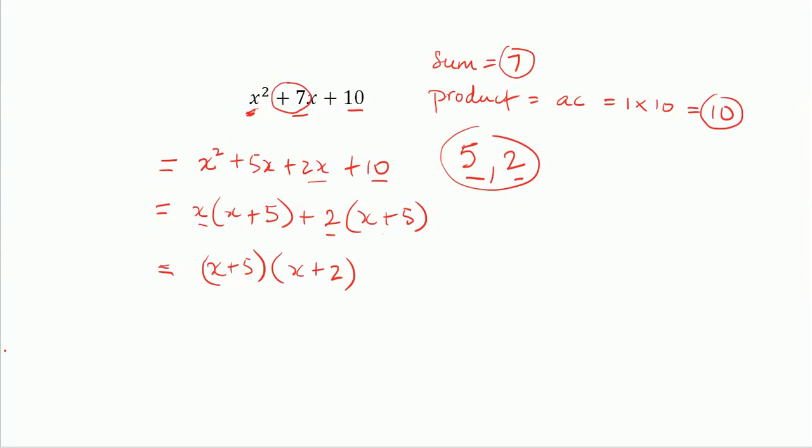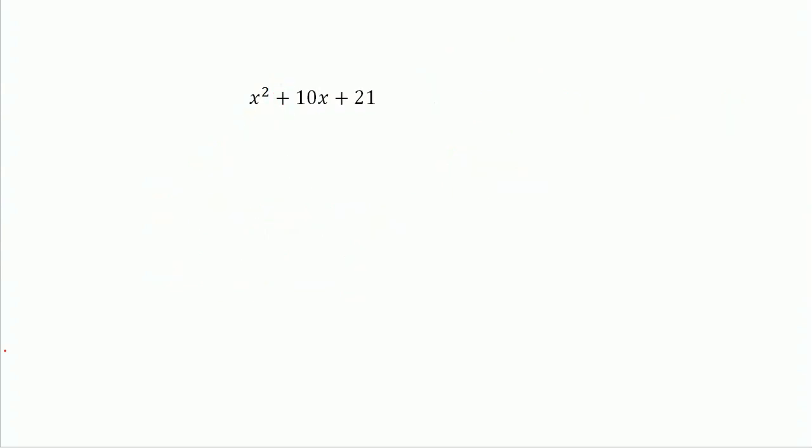Let's look at another example. We have x squared plus 10x plus 21. Again, we need to find two numbers whose sum is 10, that is the coefficient of x, and whose product is a times c.